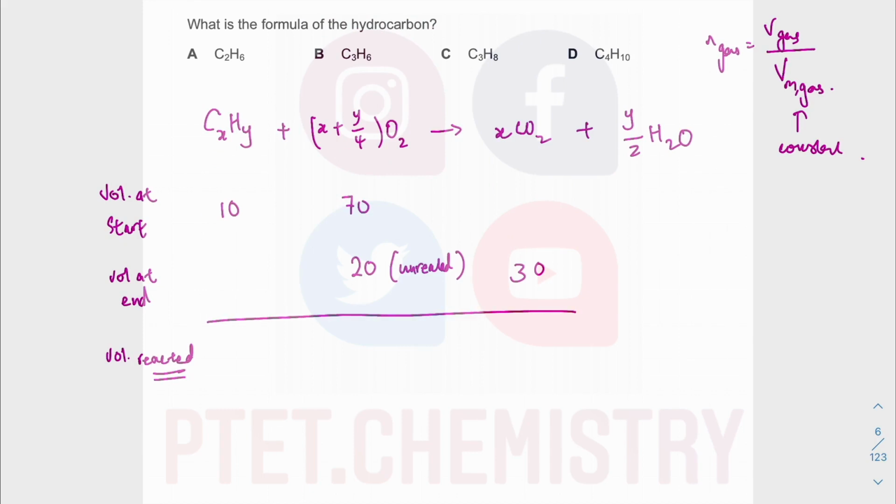Because the oxygen is in excess, all of the hydrocarbon would have reacted. So you started with 70 cm cube oxygen, you end up with 20, so you must have reacted 50 cm cube. The volume formed is going to be 30 cm cube.